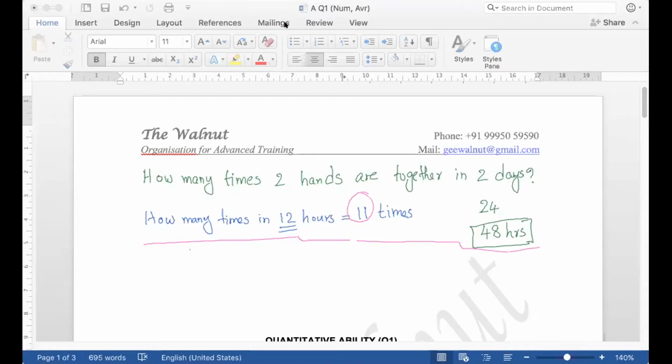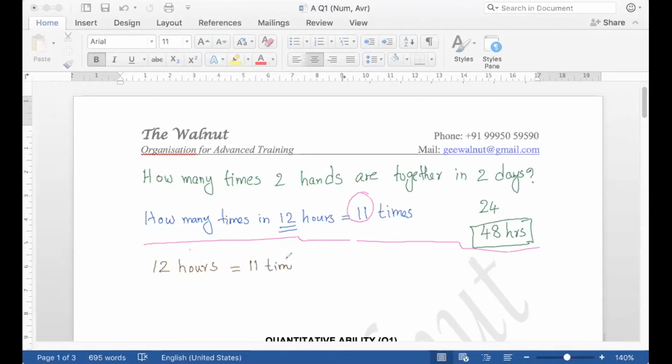Well, again, our approach is pretty much the same. That means in 12 hours, how many times does it happen? I see the answer from Soumya as well. The two hands of the clock are opposite to each other. How many times in 12 hours? Is it 22 times or 11 times?